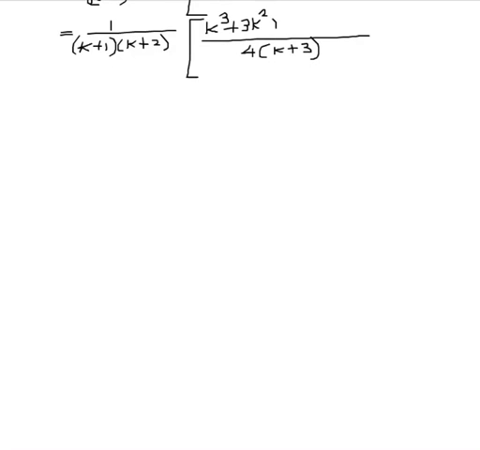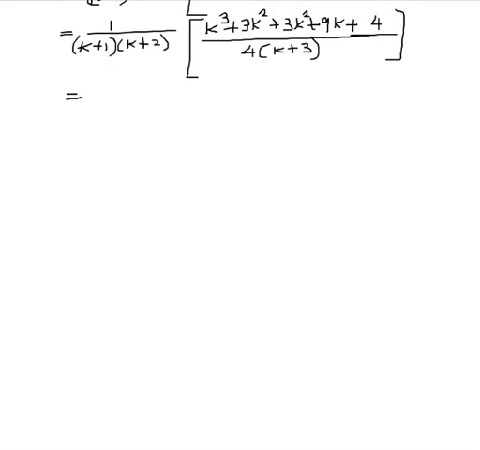Here let us take LCM. The LCM is 4 times k plus 3. So we need to multiply k square plus 3k and k plus 3. Let us distribute k cube, 3k square, 3k square and 9k plus 1 into 4 is 4.